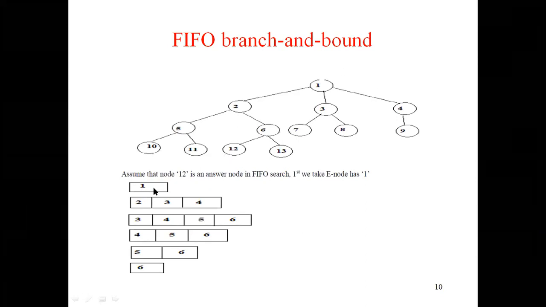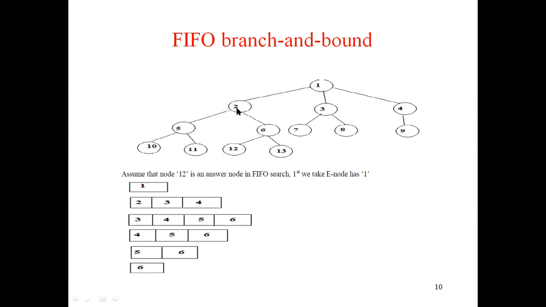So what will you do? First you need to take 1 into the queue. Place 1, the first node, in the queue. Next, the children of 1 are 2, 3, 4. So place 2, 3, 4 into the queue by removing the 1. Now remove 2 and process it.